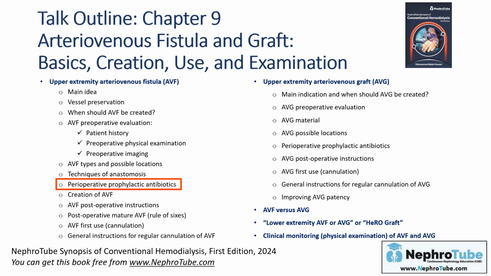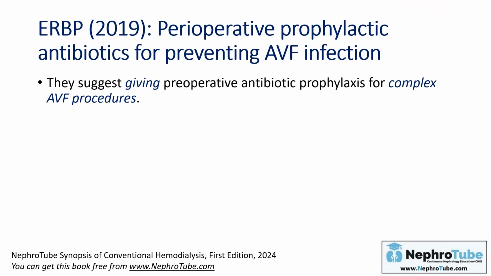Okay, one of the important points is the peri-operative prophylactic antibiotics. Should our patients take peri-operative prophylactic antibiotics for prevention of AV fistula infection? The European Renal Practice Guidelines 2019 commented on this point. They mentioned that you have to give perioperative antibiotic prophylaxis for complex AVF procedures.